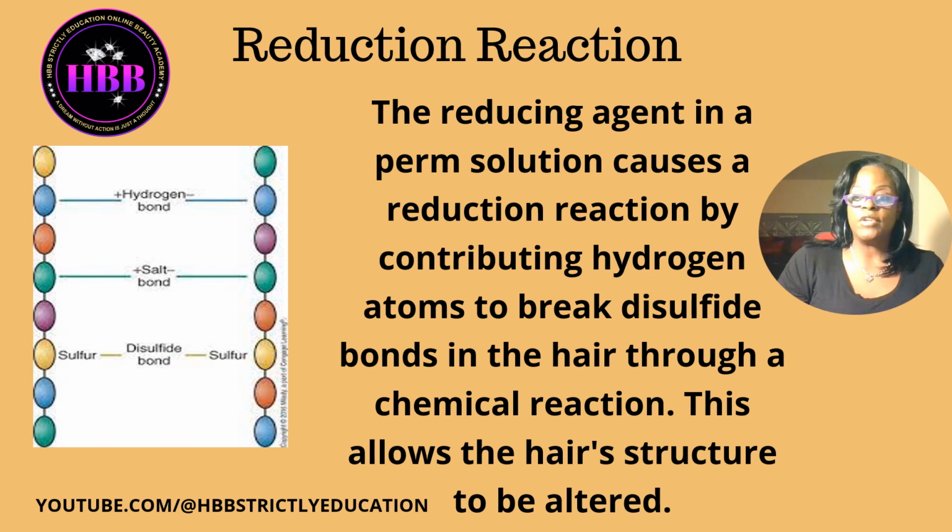So a reduction reaction happens with the solution, breaking disulfide bonds and enabling new curls to be formed. When we talk about oxidation, that is when the neutralizer is applied, and this reforms the bonds, making them into the new shape.